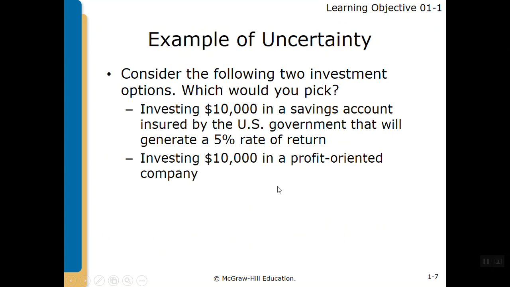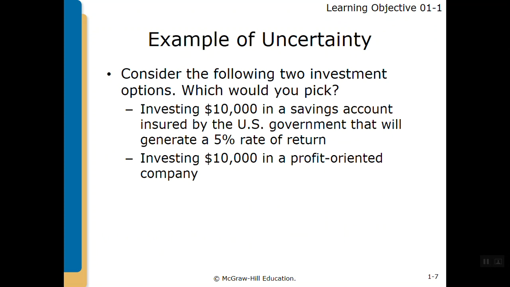All right, and just an example of uncertainty. Which would you pick? Well, there's not really a right or wrong answer. We've got investing $10,000 in a savings account insured by the U.S. government that will generate a 5% rate of return, or taking that $10,000 and investing it in a profit-oriented company, such as buying stock in a company. Obviously, one of those choices has more risk.